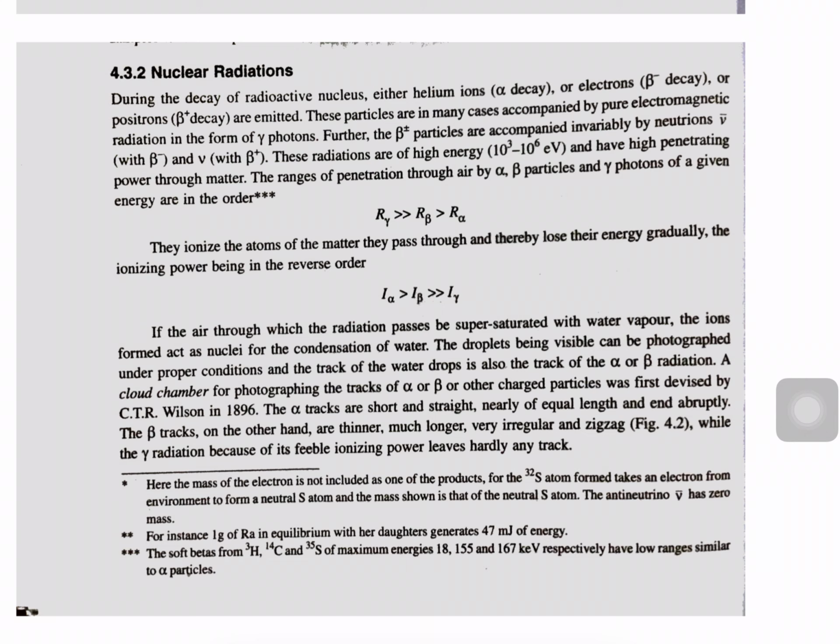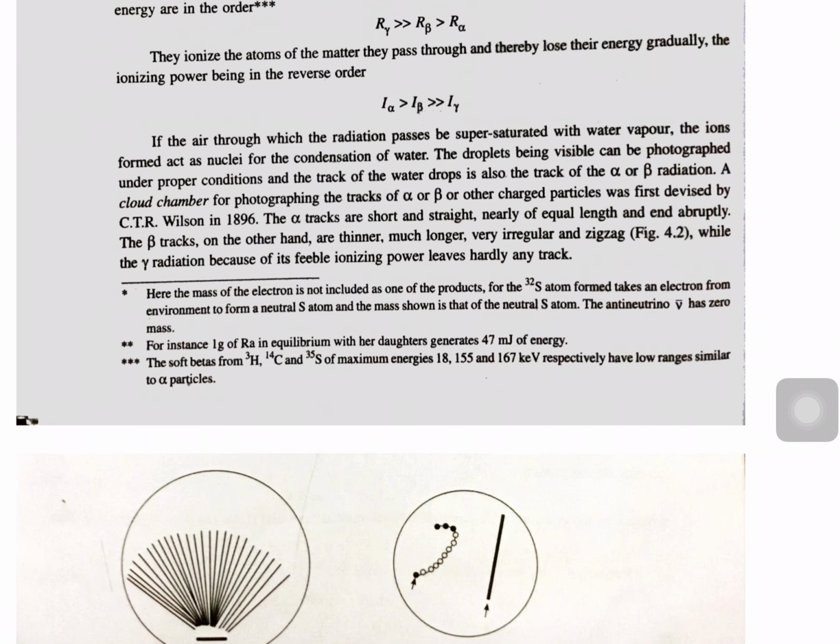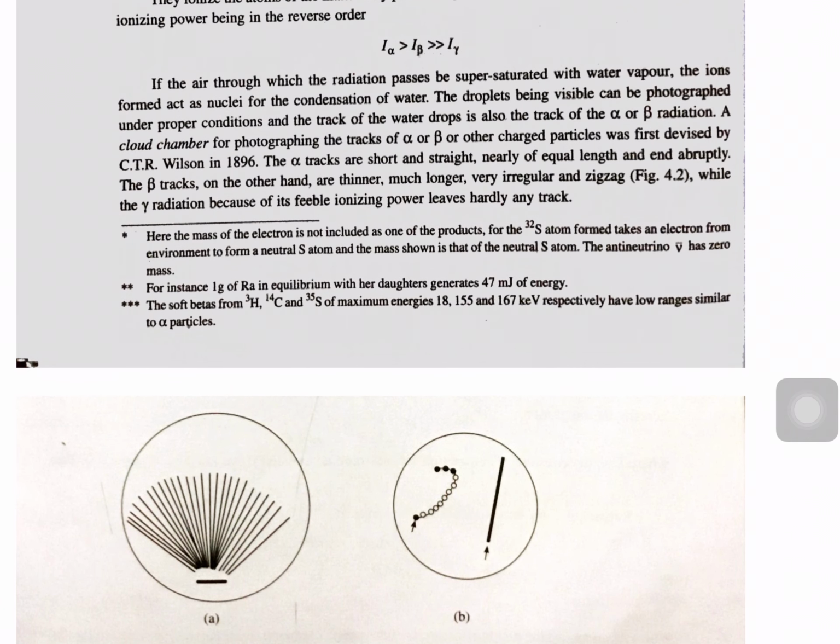The beta tracks, on the other hand, are thinner, much longer, very irregular and zigzag, as shown in figure 4.2, while the gamma radiation, because of its feeble ionizing power, leaves hardly any track.